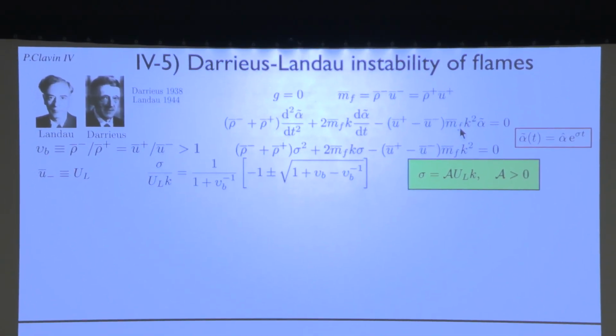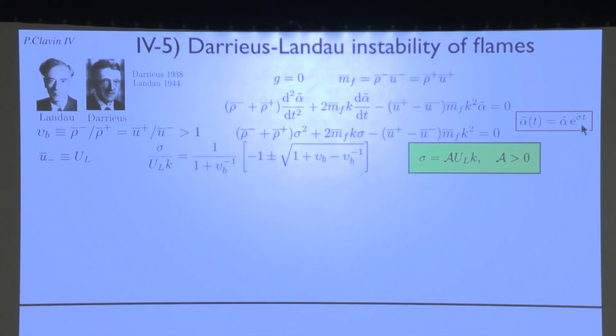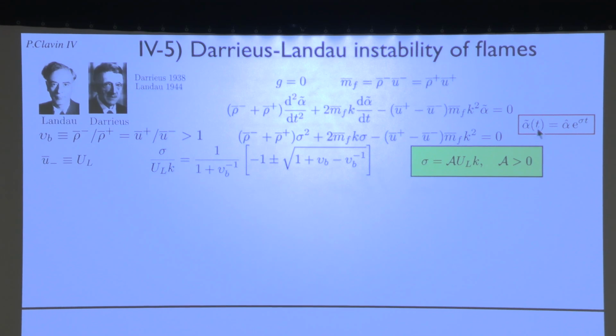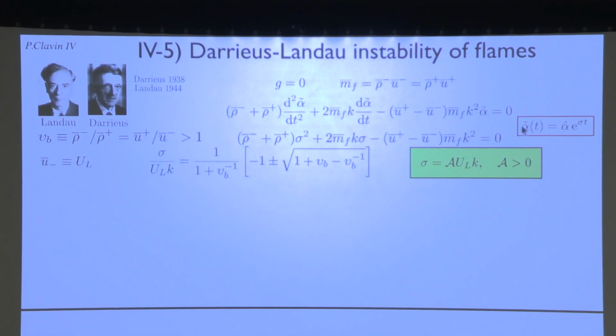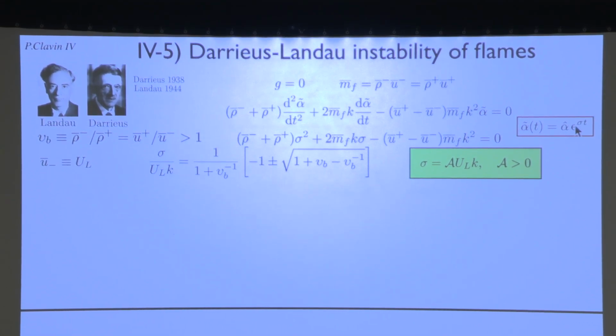Now you have a second-order differential equation. Now, if you look for a solution in the form, what I call a normal form, exponential sigma t, I am going to find such a solution.